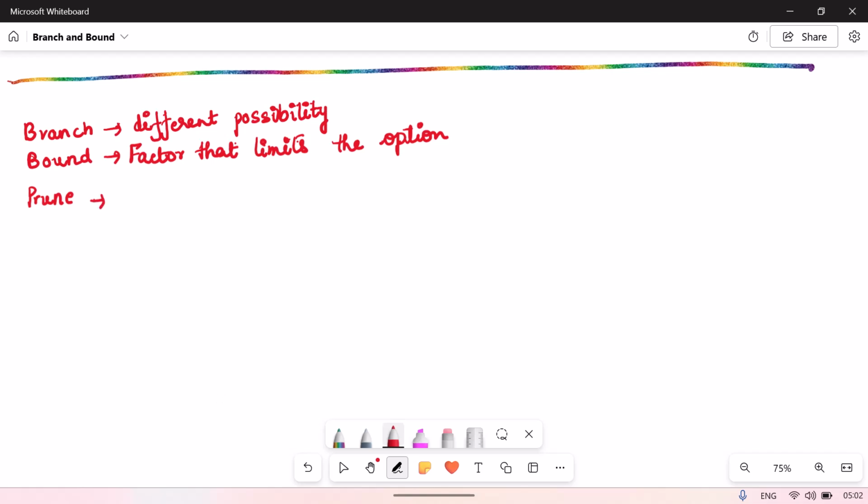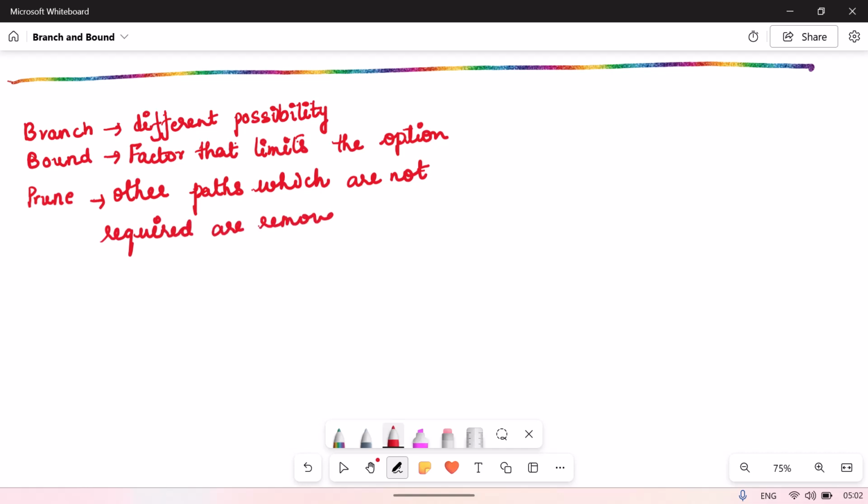Whichever path you're taking, that is fine. The other paths which are not required can be removed. So three things: branch, bound, and prune.